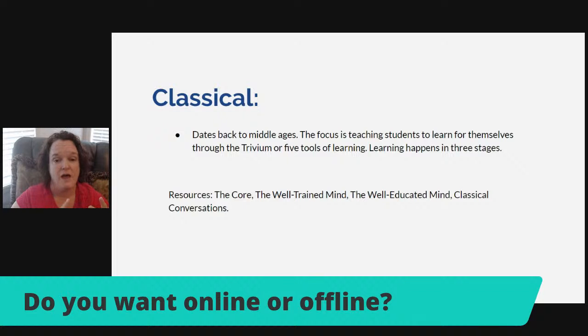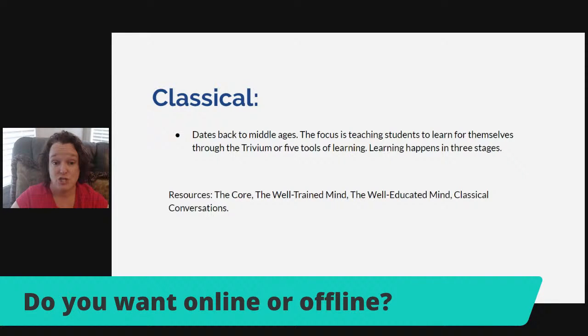The Core, I have not read that one. The Well-Trained Mind is the book I found at the library way ago, and it had everything I needed, suggestions. I bought other curriculum, but it gave me all the suggestions on what to buy, and I was able to go look and find what worked for me. They've got another book called The Well-Educated Mind, which is for the parent, and I have not read that one.